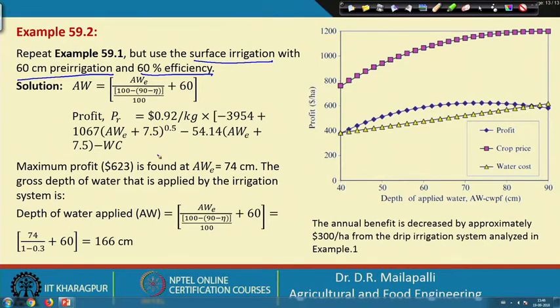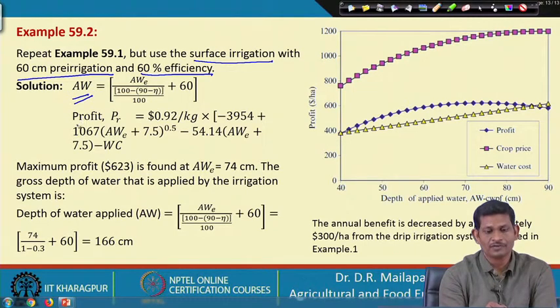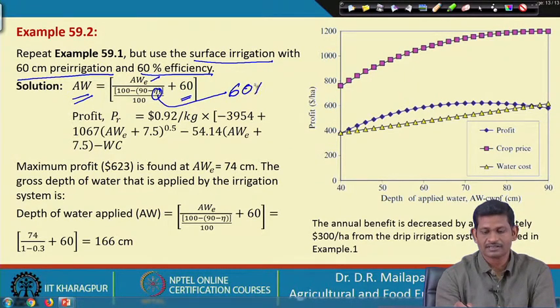Since it is 60% efficiency, the field applied water will be different from the experimentally applied water. Here the gross water is equal to AWE experimental divided by n by 100, plus 60. 60 is the pre-irrigation, where n for surface irrigation is given as 60%.